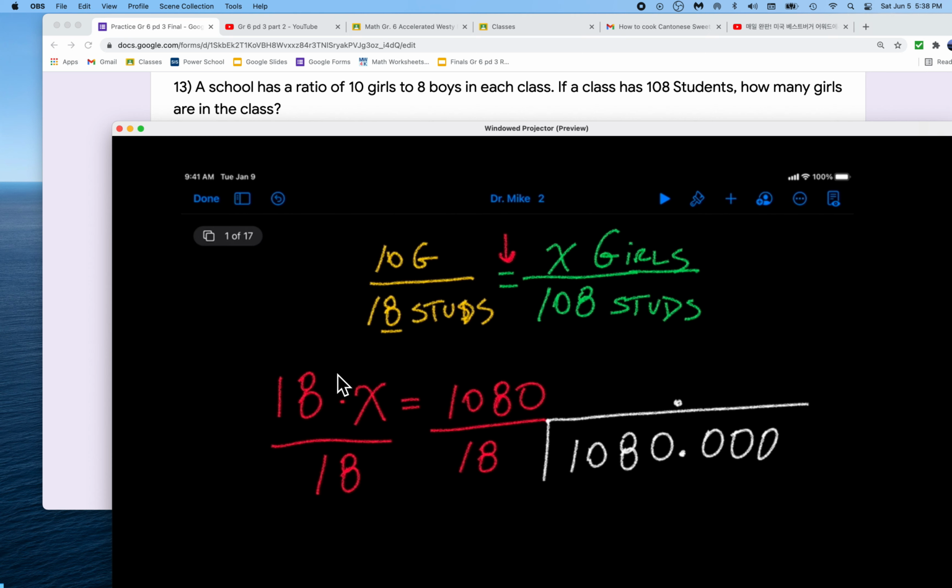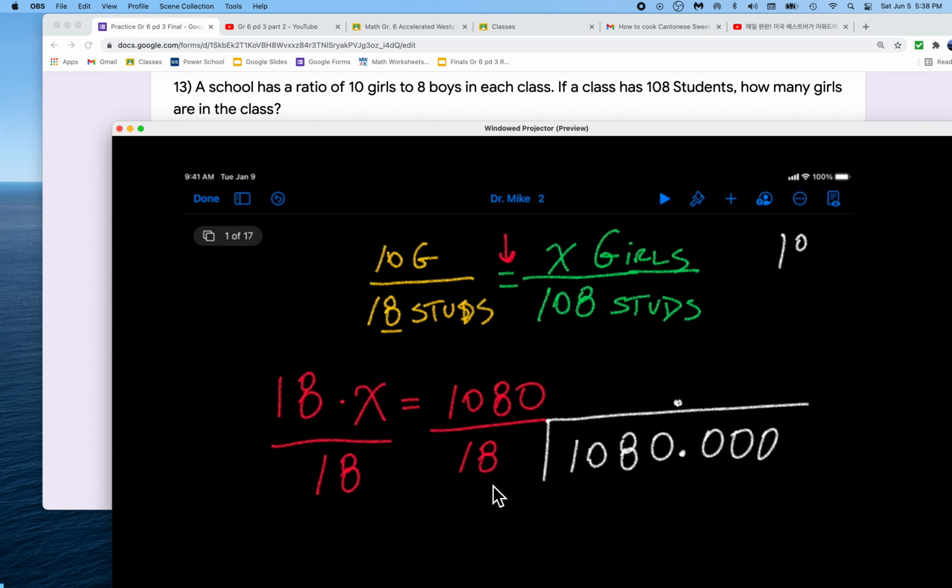Okay, how do I approach this now? 18 doesn't go into 1, it doesn't go into 10. How many times does it go into 108? Okay, so I say to myself, how many times does 18 go into 108? I think about this as being close to 20, and this being a little bit over 100, so I might try 5 first.